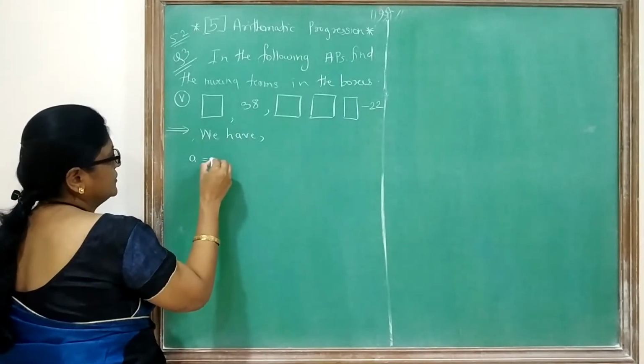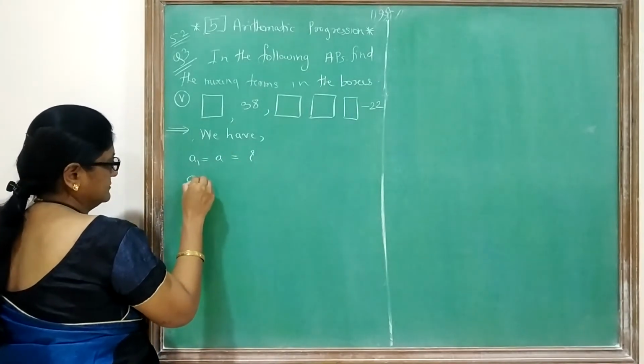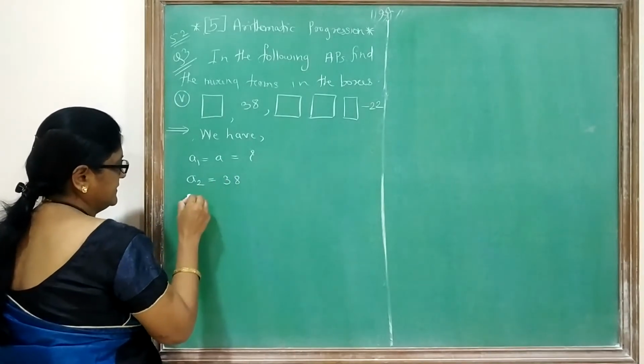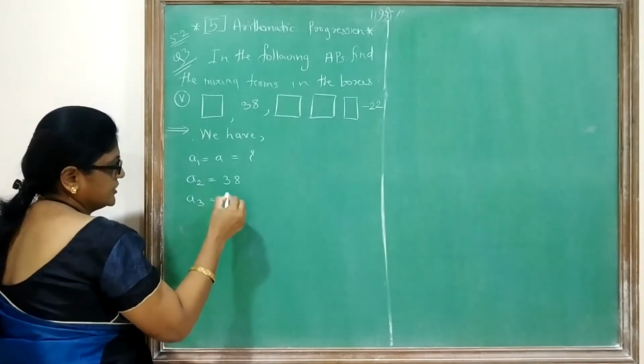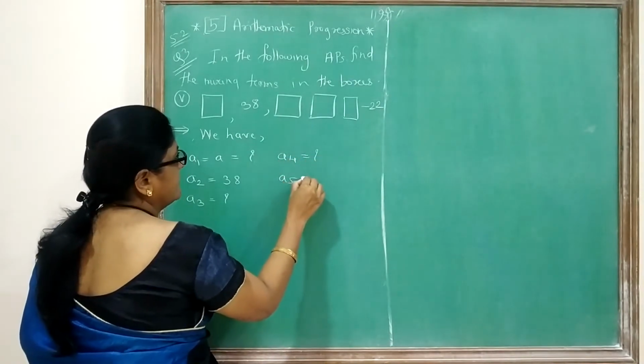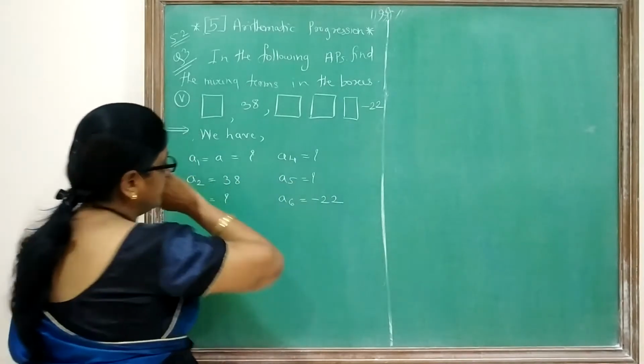A1 equals A equals question mark, A2 equals 38, A3 equals question mark, A4 equals question mark, A5 equals question mark, and your A6 value is minus 22.